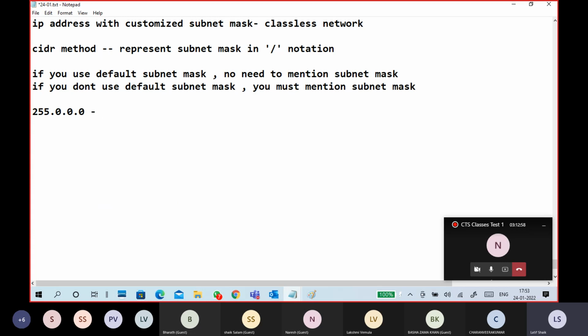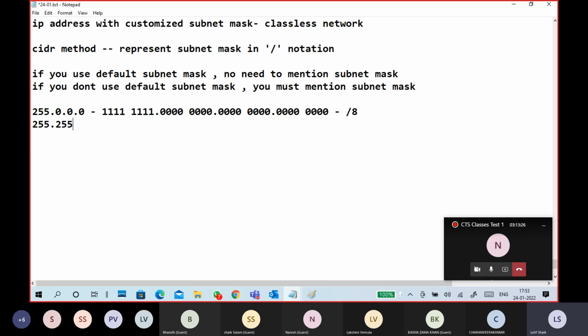If you convert it into binary, it is like this: 8 ones, 8 zeros, dot, 8 zeros, dot, 8 zeros, so slash 8. What is the meaning? The number of ones in the subnet mask is represented like this.